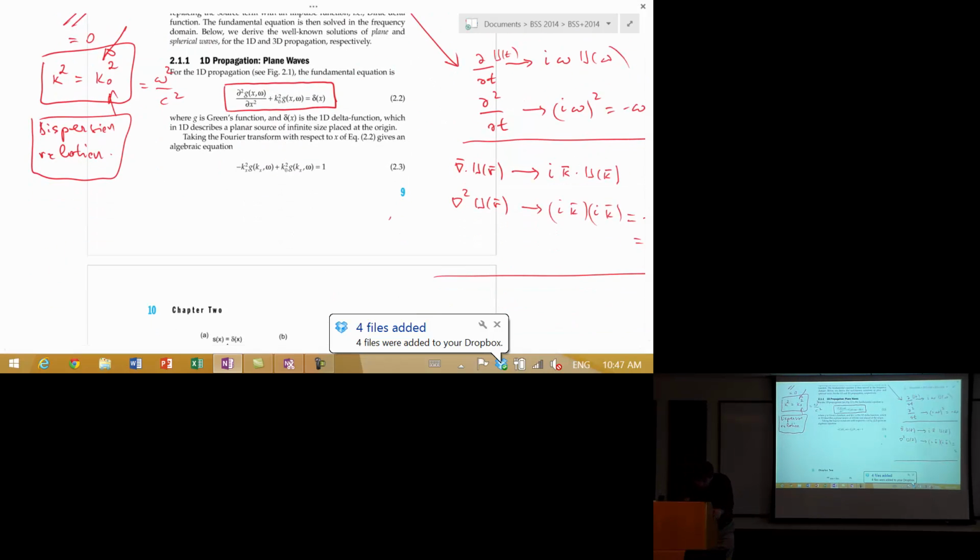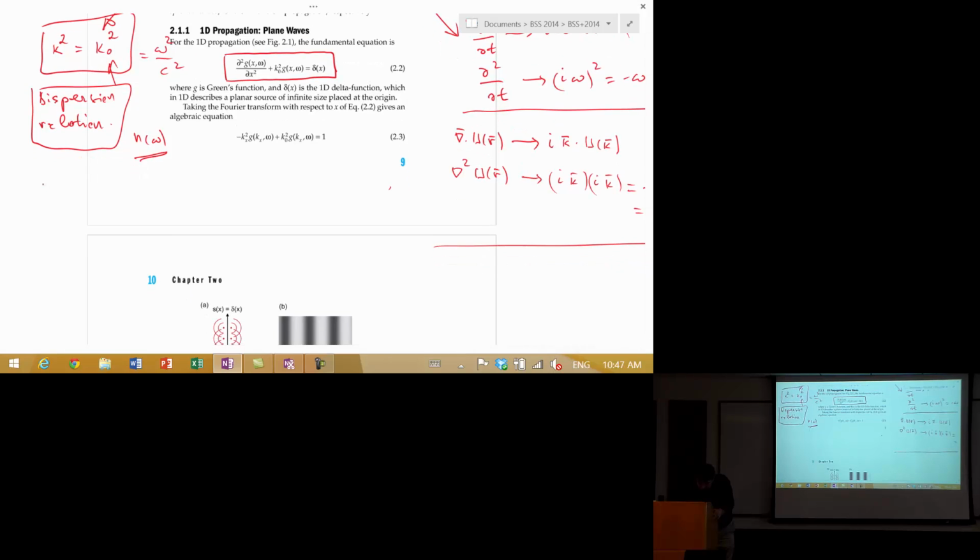And to make a connection, I know all of you know what dispersion is, and that's something to do with the refractive index being a function of omega, right? So the reason we call this a dispersion relation is because k squared, for a medium that has a refractive index n of omega, is going to be n of omega squared over c squared.